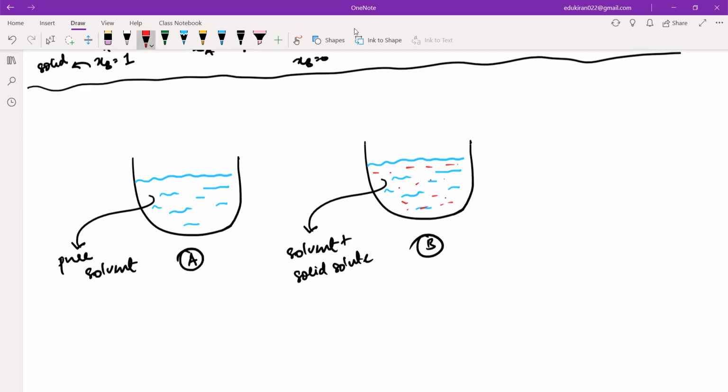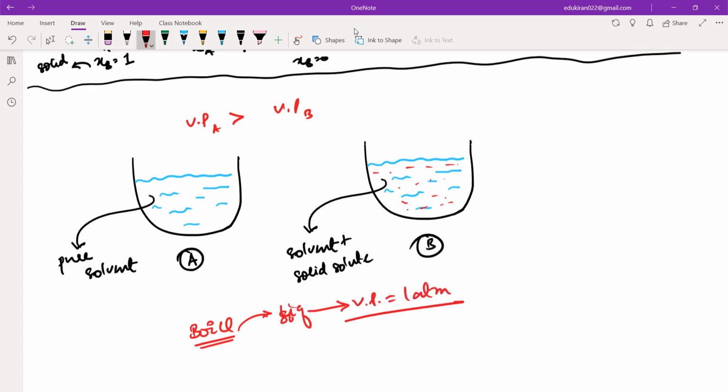Now, Saf, tell me, where do you think there will be more vapor pressure, in A or B? In A, sir. In A, there will be more vapor pressure. Now, we know the vapor pressure of A is greater than the vapor pressure of B. In order to boil both the liquids, they have to reach a vapor pressure equal to 1 atm. Is that right? Yes.